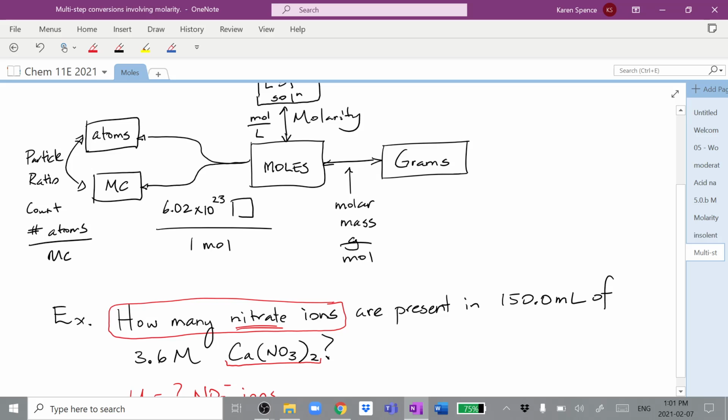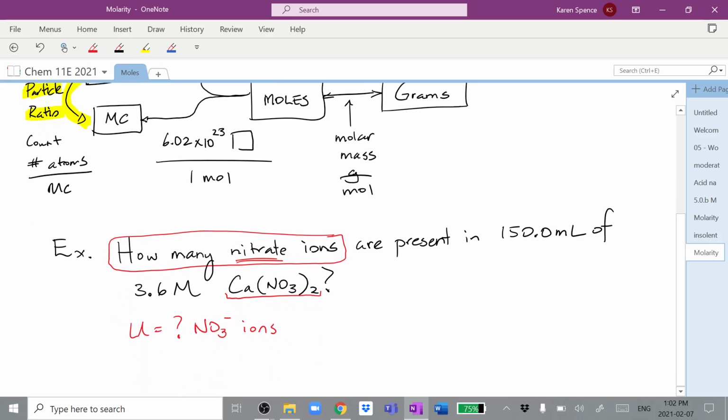And if you want to make life easy on yourself, you're going to say the only time I can change substances is at the very end over here. I'm lying to you a little bit, of course, because you know about the mole ratio, which also allows you to convert between one substance and another, but I'm going to set that aside for the time being to make life simple. So the only place you can change from one substance to another for now is over here using the particle ratio.